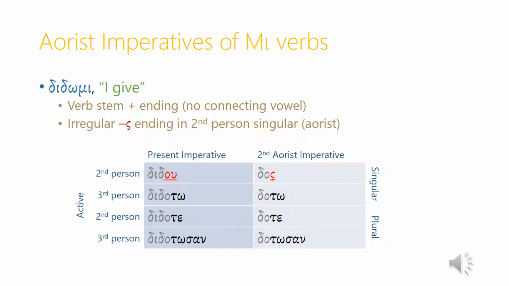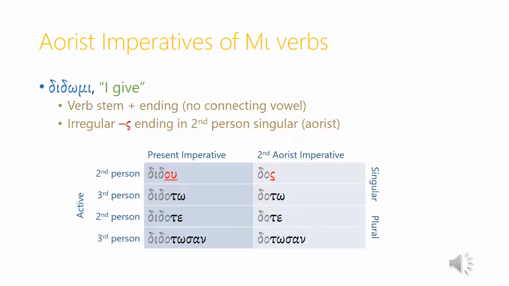Also, the ending in the second person singular is irregular, and this irregular ending is consistent for these irregular mi verbs. This is actually the same set of differences that we saw in the present imperative for these same mi verbs. So the present imperatives for didomi began with didou, and notice you have there the dido present stem with actually just the epsilon, the regular ending in the second person singular present imperative, stuck on the end.